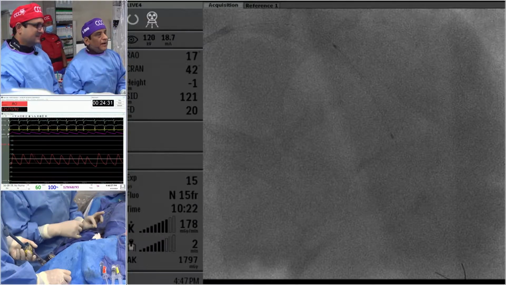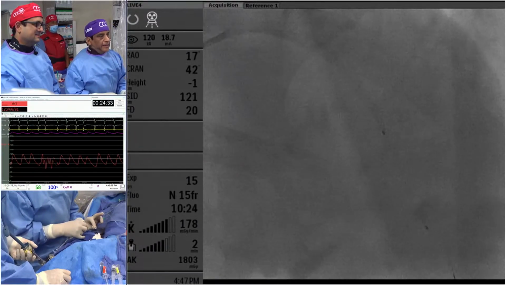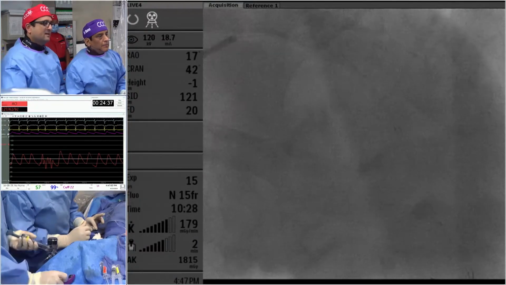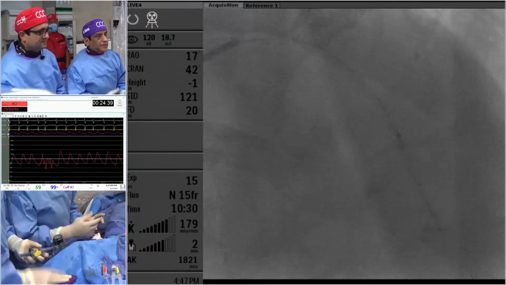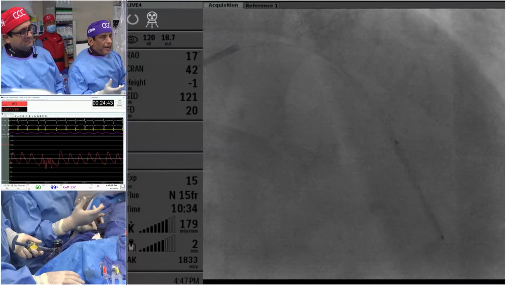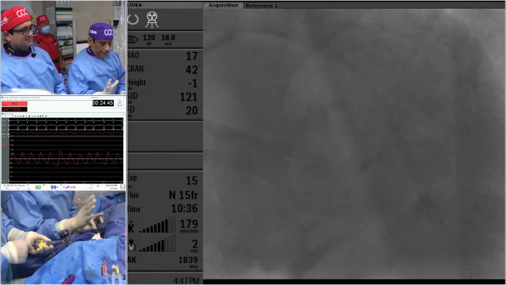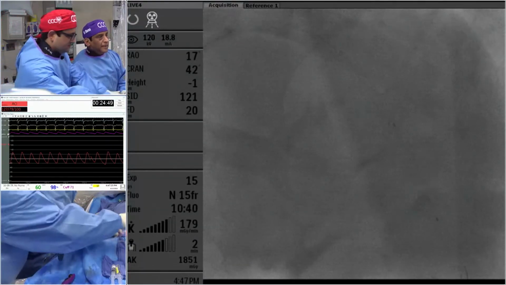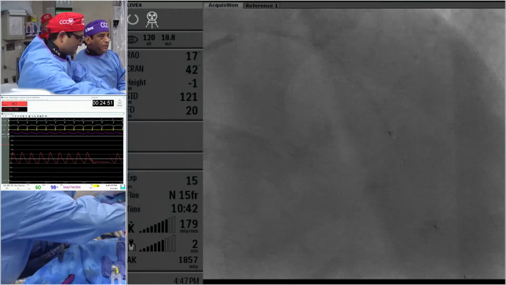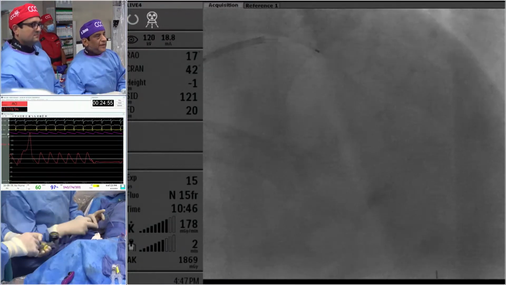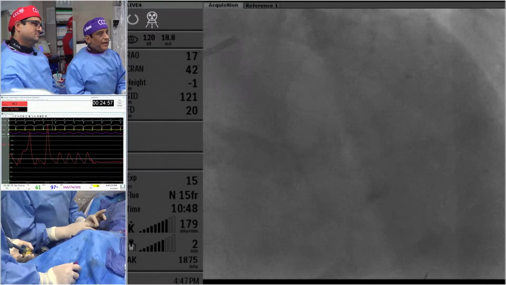Wiggle wire is very complex and not needed. Now the guideliner has done so well, both Godzilla and guideliner in these cases. Wiggle wire at one point was a very good device, but because of complexity you have to put another wire, then put the over-the-wire system. Very rarely can you advance the wiggle wire directly.